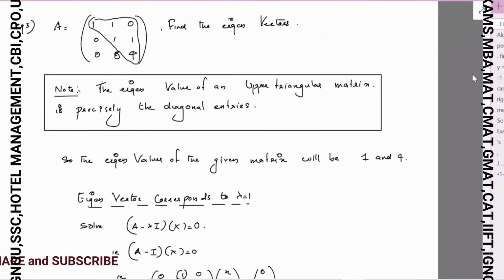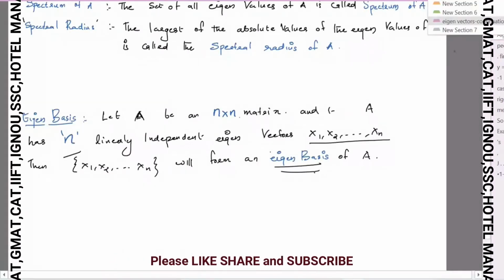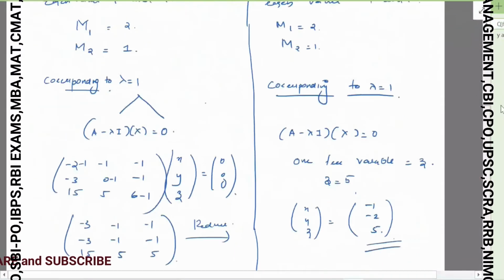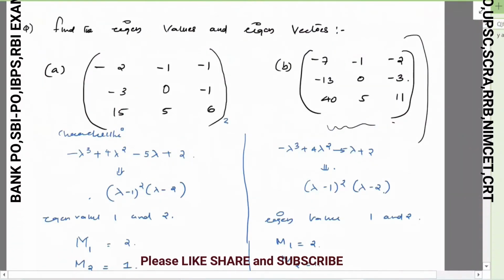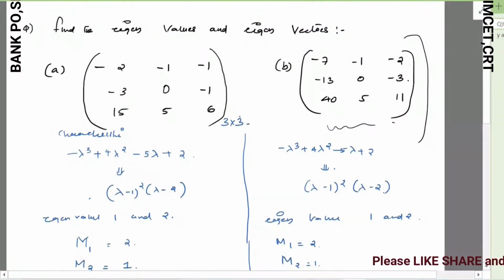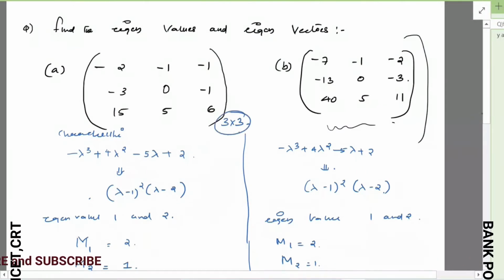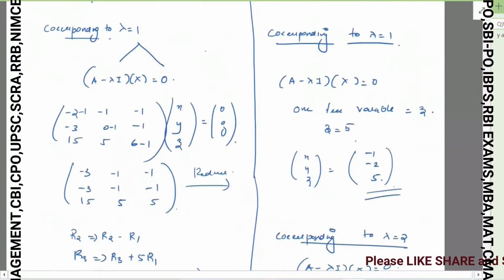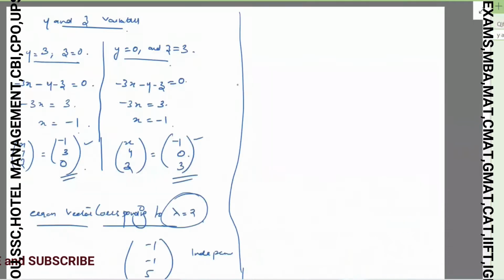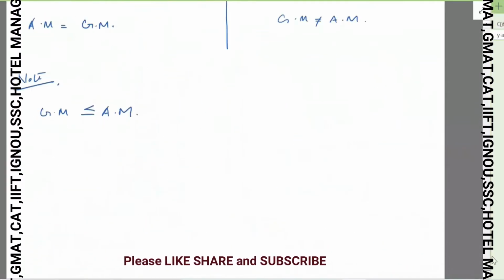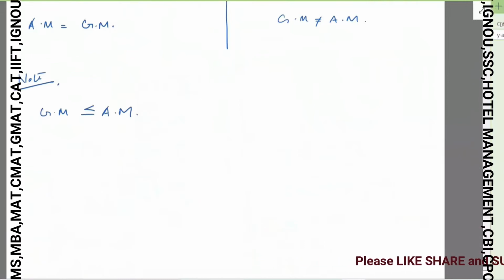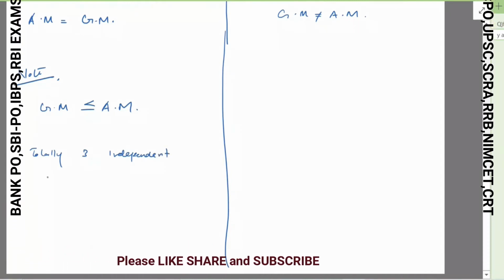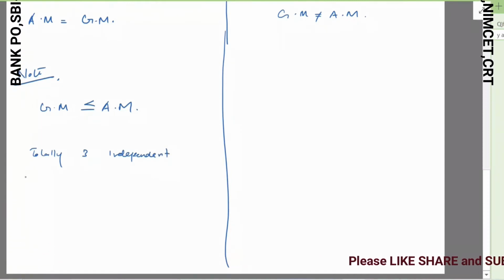Consider the previous example that we have done. In the first example, you can see that it is a 3 by 3 matrix, right? And we got 3 independent eigenvectors totally. Corresponding to lambda equal to 1, we got 2, and corresponding to lambda equal to 2, we got 1 eigenvector. And what are those eigenvectors?